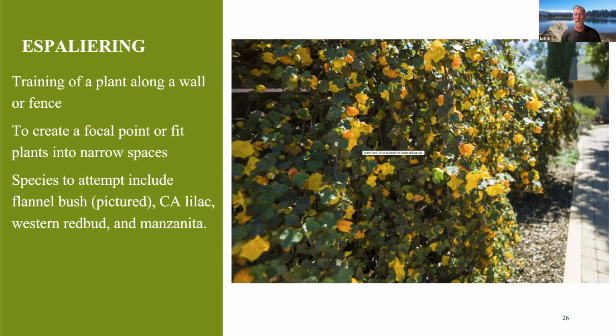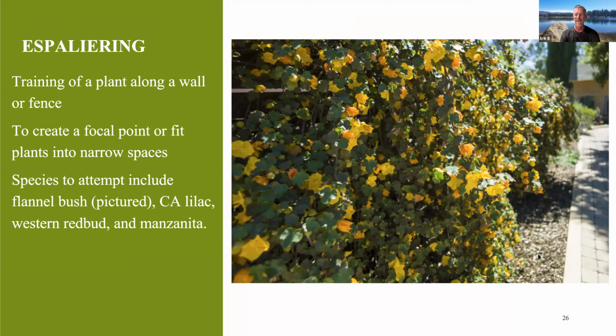I'm surprised, like this Fremontodendron. I don't know how much work it would take to keep that in that narrow space, but that's a plant I don't want to play around with. Fremontodendrons are known to have a lot of hairy, nasty, skin-irritating material on them.